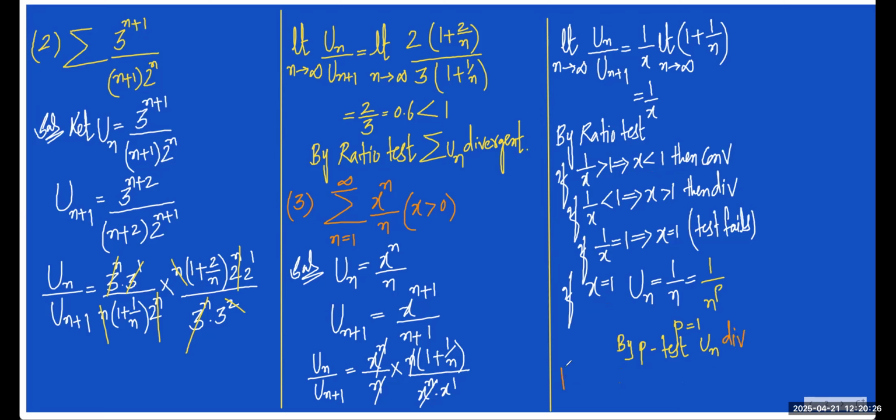Hence given series convergent if x is less than 1 and divergent if x is greater than or equal to 1, which is the end of this problem.